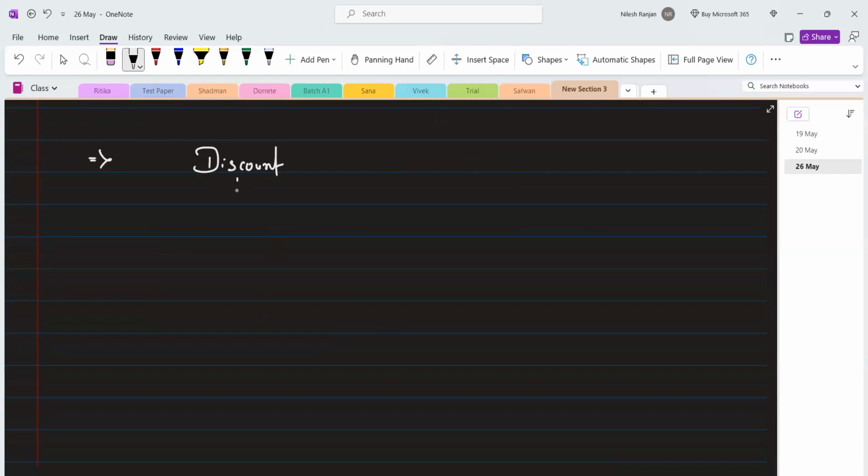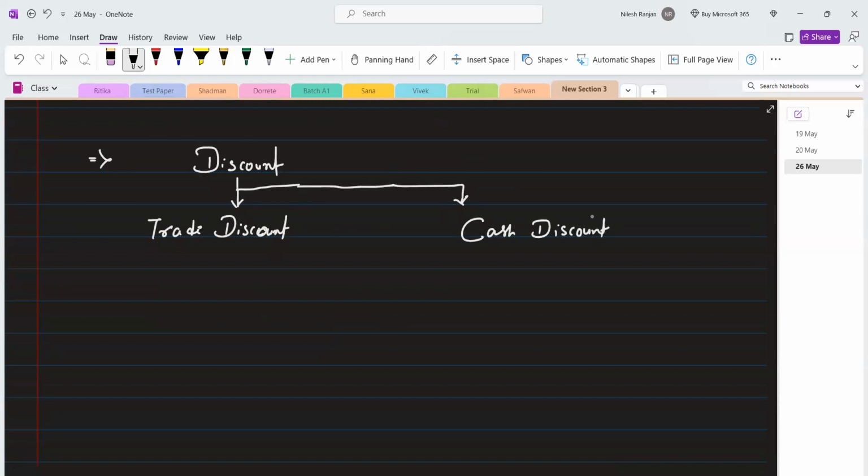Now, in questions, you will find two types of discount. One is called trade discount, and the second one is cash discount. Now, what is trade discount and cash discount?